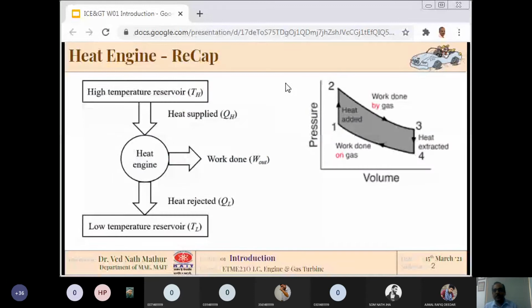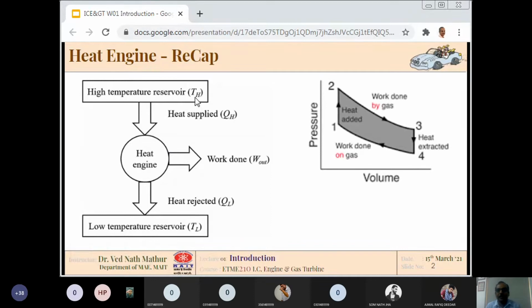So just to revise something which you studied in thermal science, you have studied about the first law of thermodynamics, the second law of thermodynamics, and then you made these kind of figures called heat engines. There's something called heat engine and there's something called reverse heat engine. So heat engine takes up some heat from a high temperature reservoir, QH, obtained from TH.